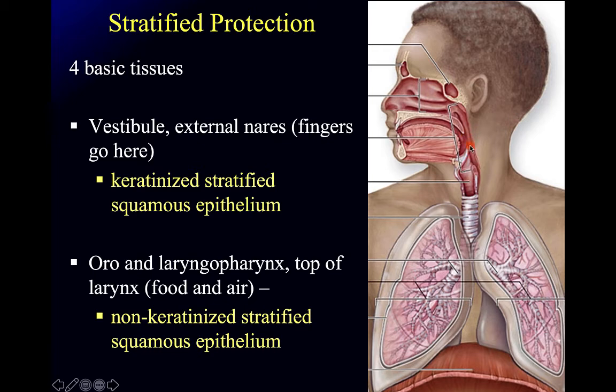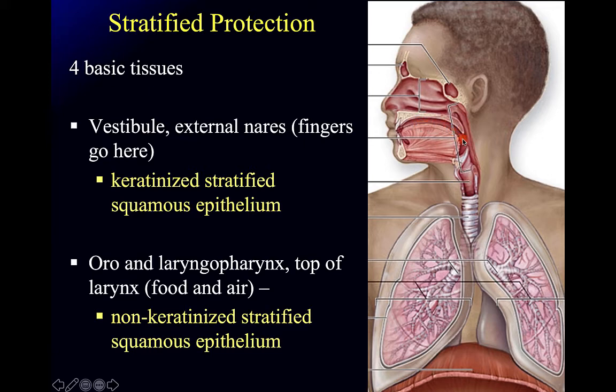And there's a key reason for this. This is an area where we might have food and air. So we stick food in here and we have a mix of keratinized and non-keratinized stratified squamous epithelium within the mouth, depending on whether we're talking about the palate, the tongue, or the cheeks.